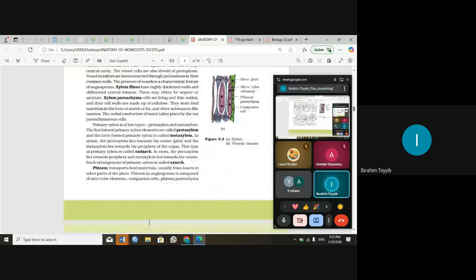Now, let's look at phloem. We have primary xylem, which is of two types, protoxylem and metaxylem. The first formed primary xylem is called the protoxylem, while the later formed primary xylem is called the metaxylem. Phloem transports food material, usually from the leaves, because that's where the food is being manufactured, and sends it to the roots and other parts of the plant.